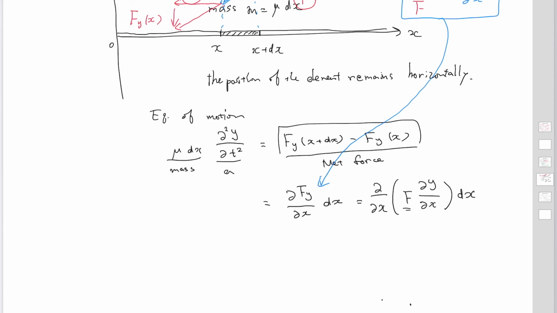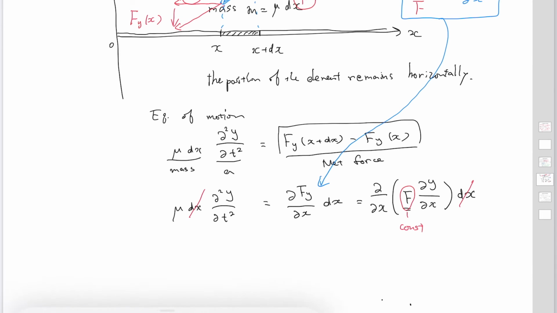Also dx appears on both sides. So mu dx times the second derivative. dx appears in both sides, so it should be cancelled out. And F is a constant value, so we can move it outside of these derivatives.